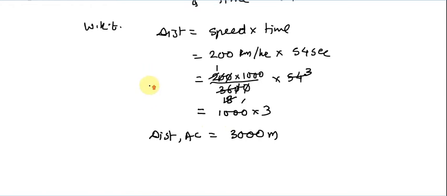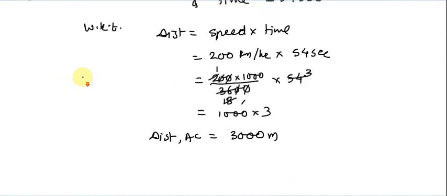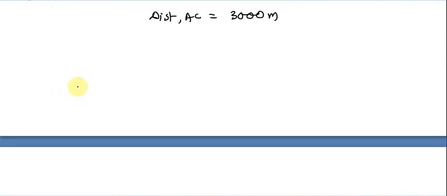So now in the figure we get this distance as 3000 meters. So while landing this plane travels 3000 meters. So now we have in triangle ADC hypotenuse as 3000 meters, so we can find AD by using sine ratio. Therefore sin 20 equal to AD upon AC.